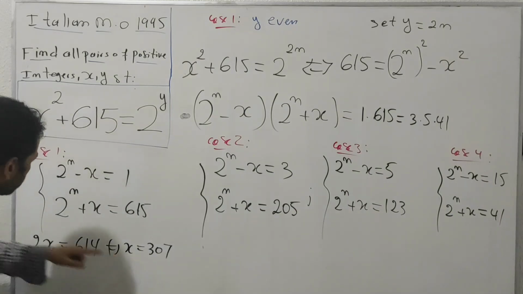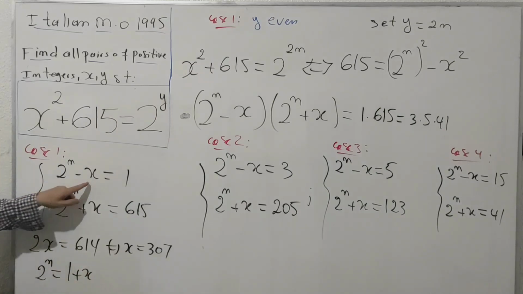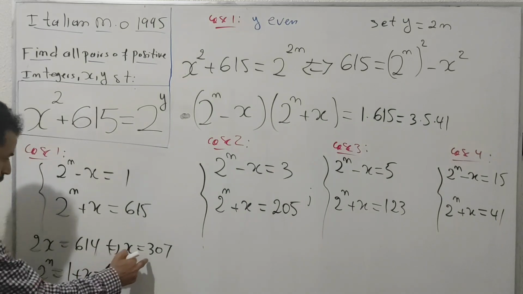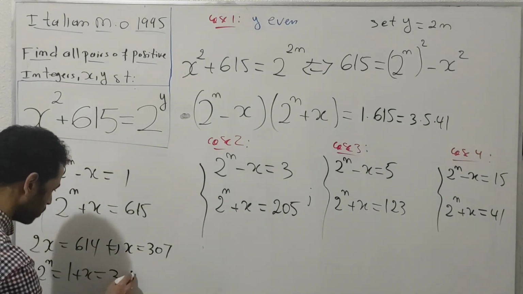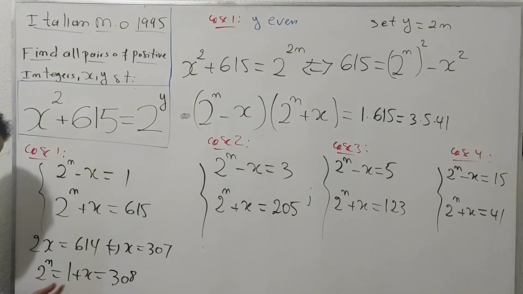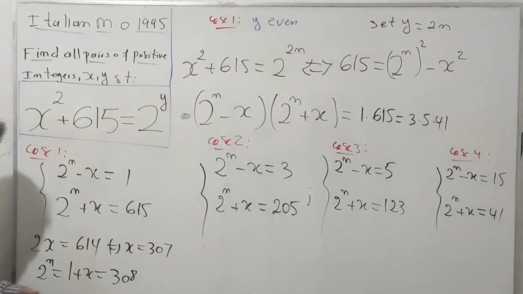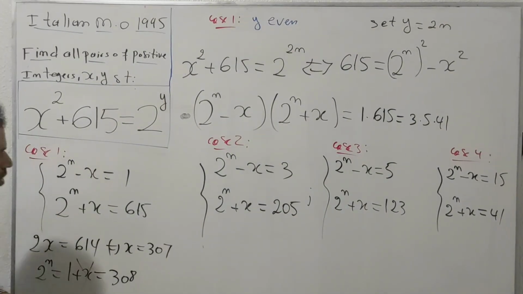So 2 to the n equals 1 plus x, which is 307 plus 1, which is 308. 308 is not a power of 2, it's not written in the form 2 to the n. So this one is ruled out, it doesn't work.